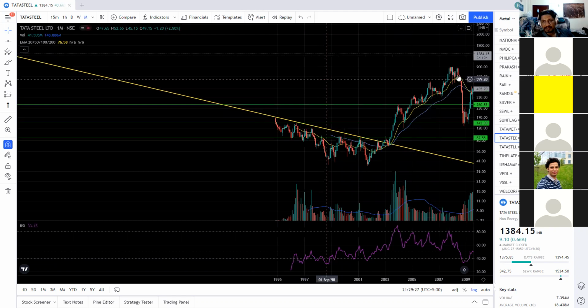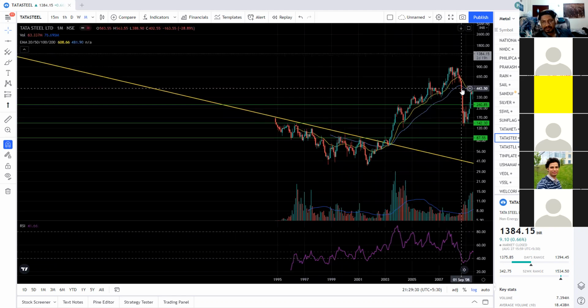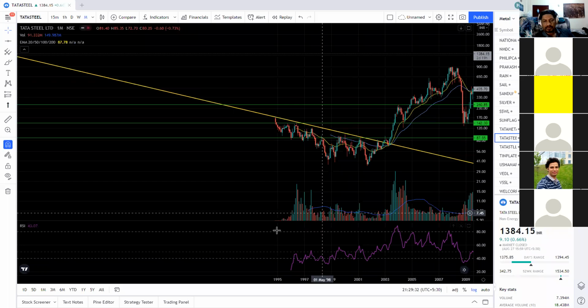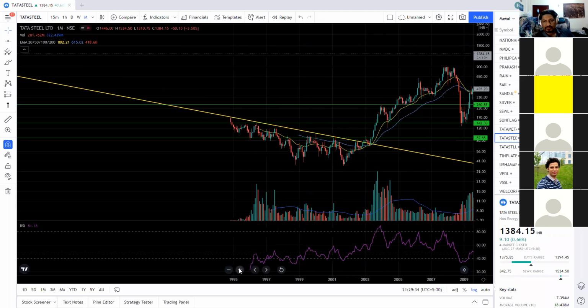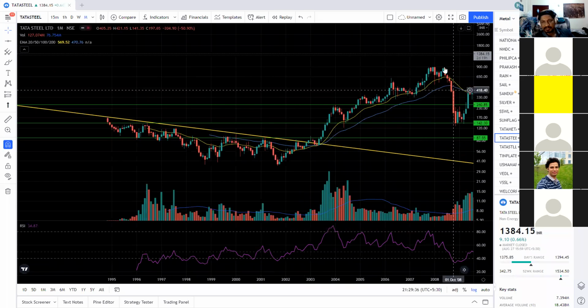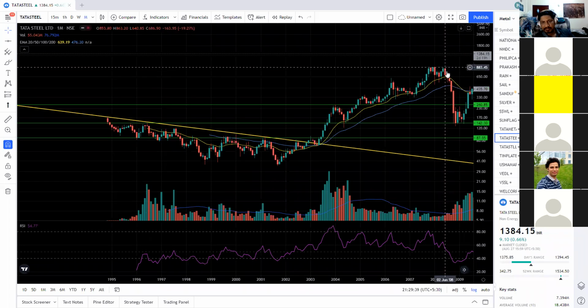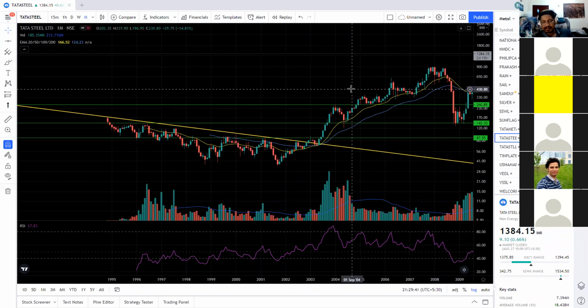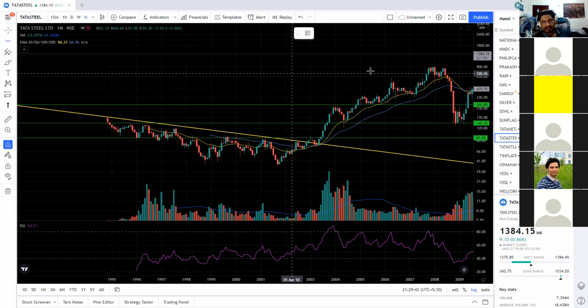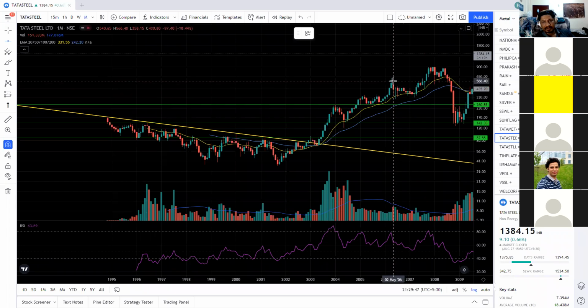Now, when the prices have broken 20 week and then 50 week, and with so much force, it means the trend is very bearish. Again, big candles fall. The fall was with a big candle, and it has not taken support from the previous resistance.